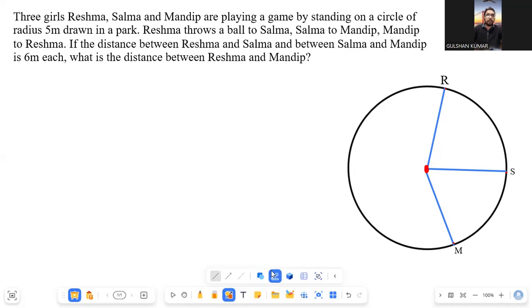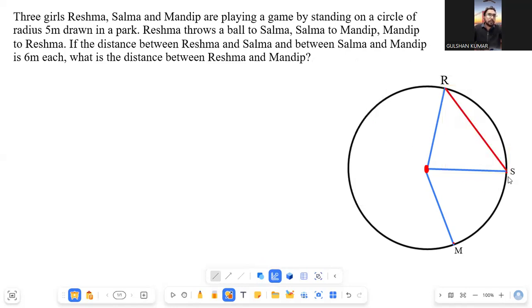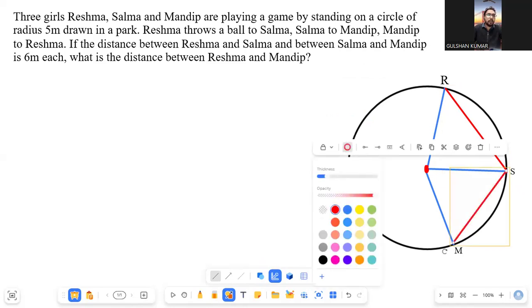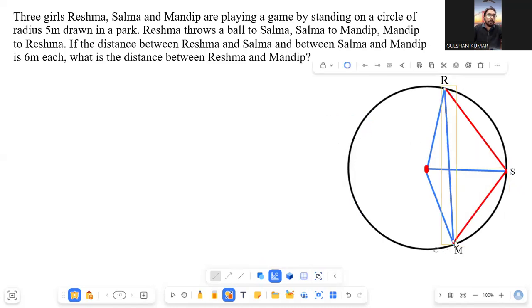We have to change the color so that we can easily mark the throwing of the ball.